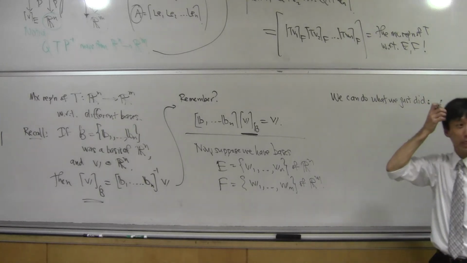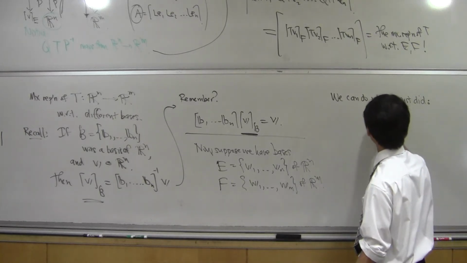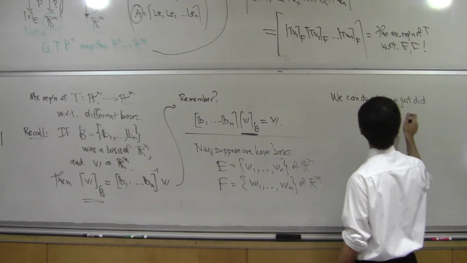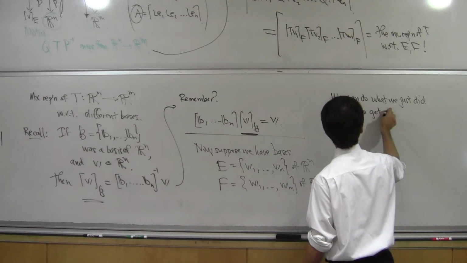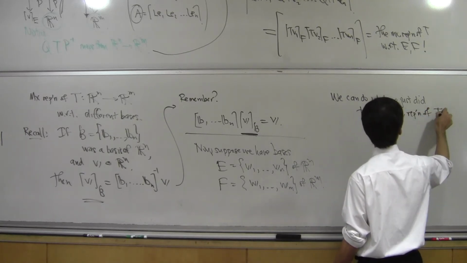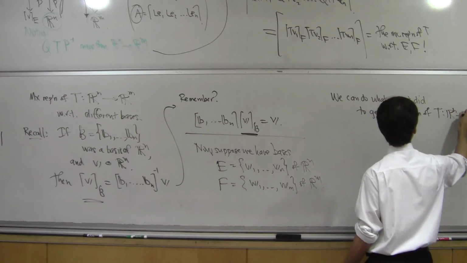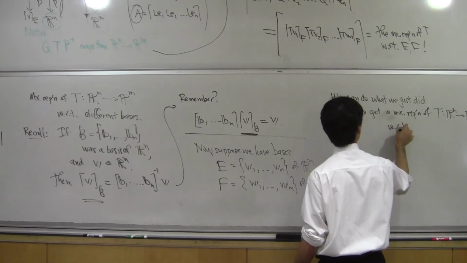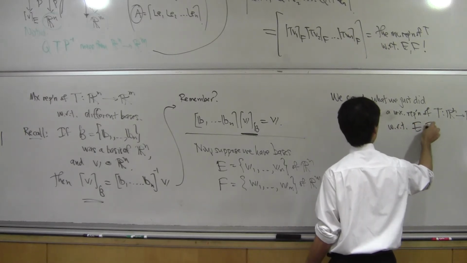We can do what we just did. You have some, to get a matrix representation of some linear transformation between Rn and Rm with respect to the new bases.